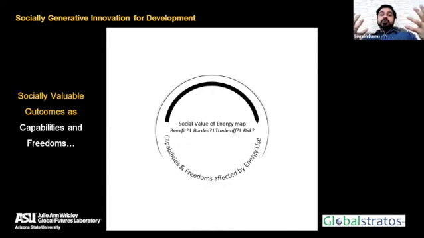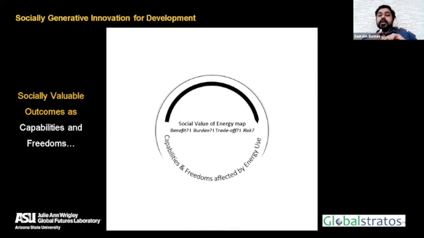The outcomes of an infrastructure service, in our case energy, we are looking at outcomes in terms of capabilities and freedoms that are affected for the energy users.